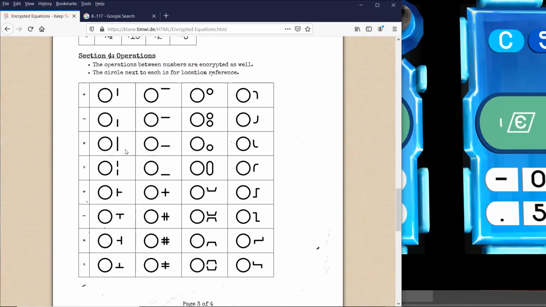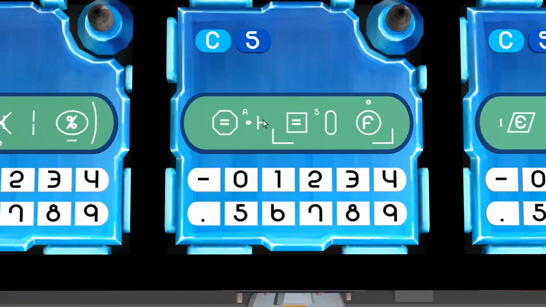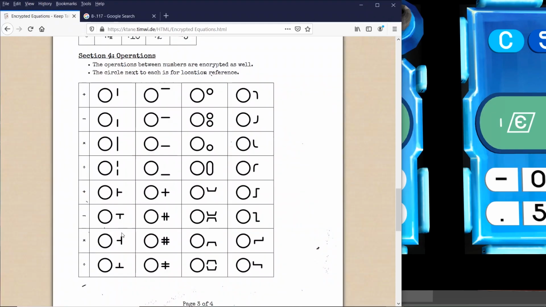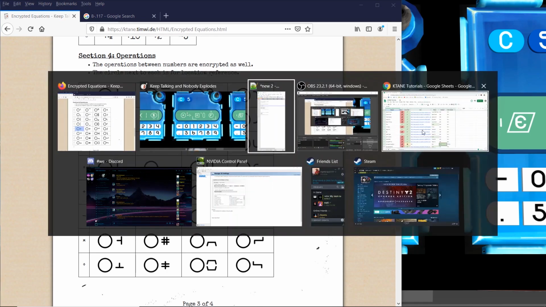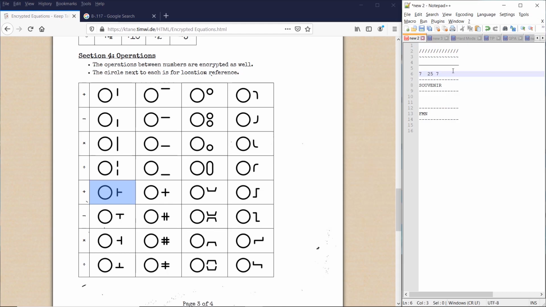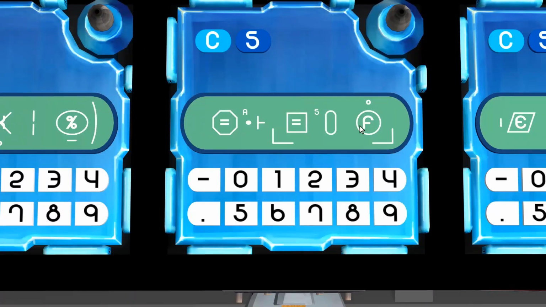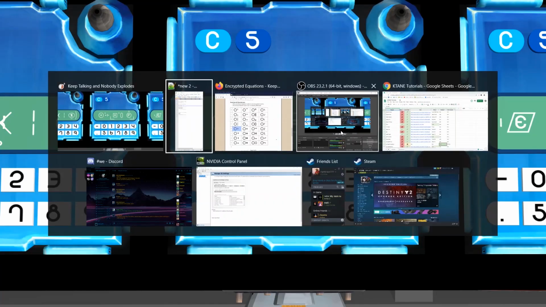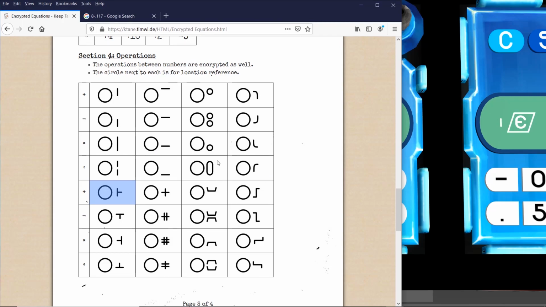Now let's go to the operators. Let's see. So our first symbol is going to be a T with the nub to the right. And a T with the nub to the right is going to be, I think that's a plus. Yeah, that's a plus. So our first operator is going to be a plus. This is just a big circle.